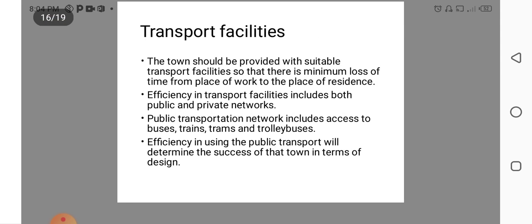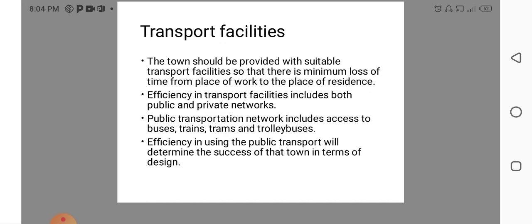Traffic facilities. The town should be provided with suitable transportation facilities so that there is minimum loss of time from place of work to place of residence. Efficiency in transportation facility includes both public and private networks.